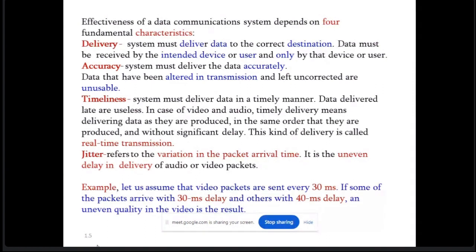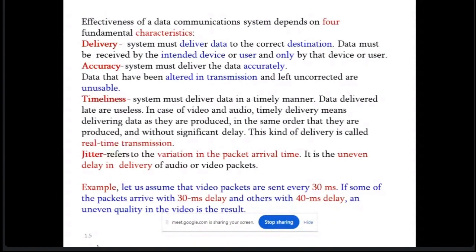So the 50 MB and 25 MB reached, but the 100 MB could not reach. இந்த டைம்லைனஸ் வந்து ரொம்ப முக்கியம். அப்படி மாற்றி டெலிவர் ஆனா இந்த டேட்டா வந்து யூஸ்லெஸ்.